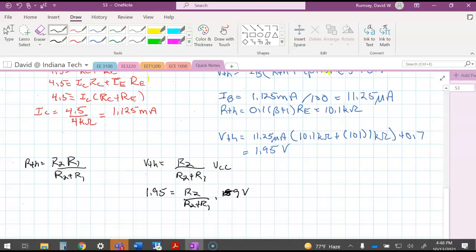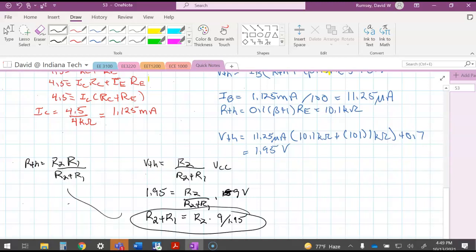Now, there's a trick to solving this. I'm not going to try and solve for R1 and R2 separately. Instead, you solve for R1 plus R2. If I solve for R1 plus R2, you basically get R2 times 9 divided by 1.95. I'm not even going to bother doing that division; that's just simple cross multiplying and dividing. Then I'm going to substitute that into the equation for R Thevenin.